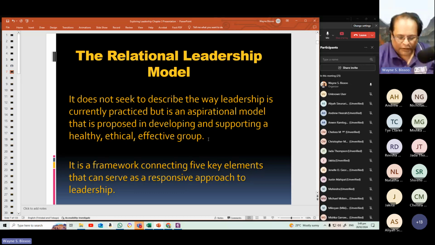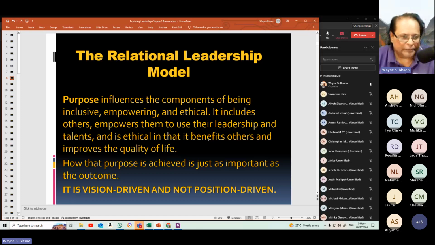All right, so let's look at purpose. Purpose is one of the core elements of the model. Most groups, or most activities, are guided by the function and purpose of the organization. So much so that there's a chapter on vision and mission that is going to be presented, which is where purpose really comes from.